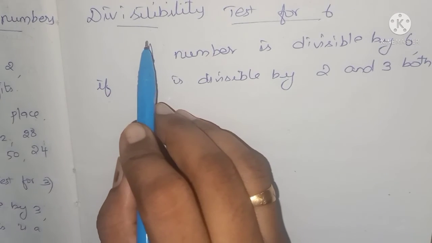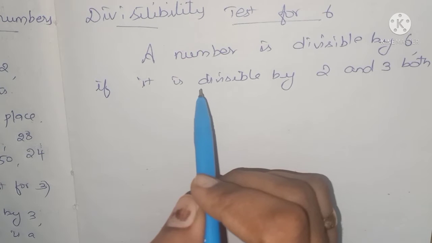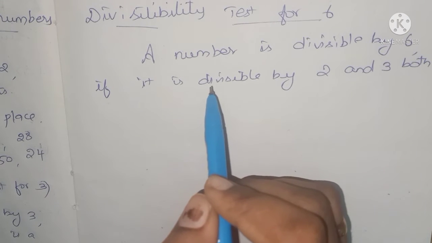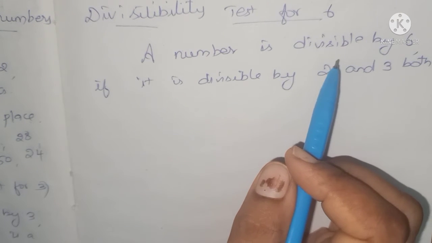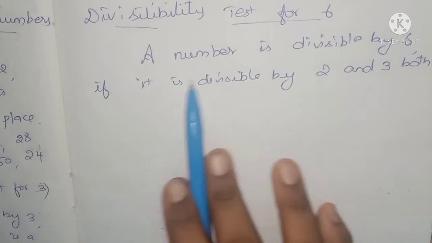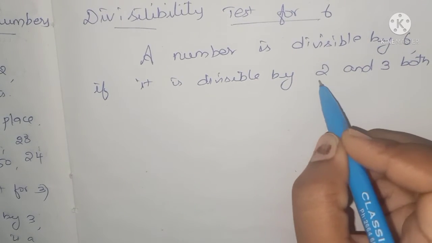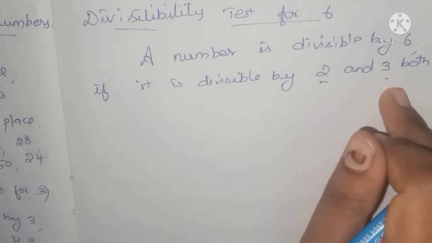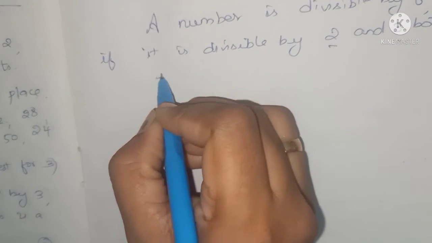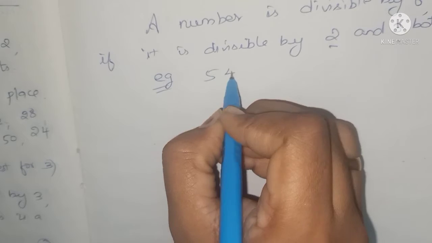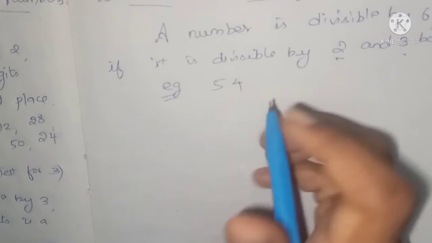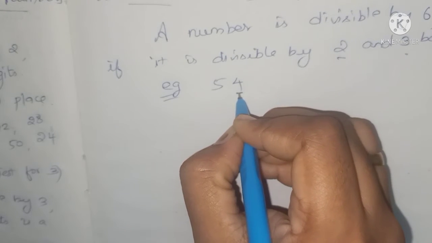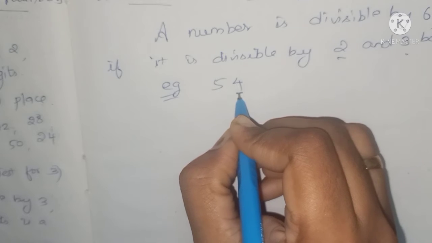And next we are going to see divisibility test for 6. So we say that a number is divisible by 6 if it is divisible by both 2 and as well as 3. For example, if you just consider 54. This is divisible by 2 because the last digit, that is the unit digit, is divisible by 2, and as well as 3.